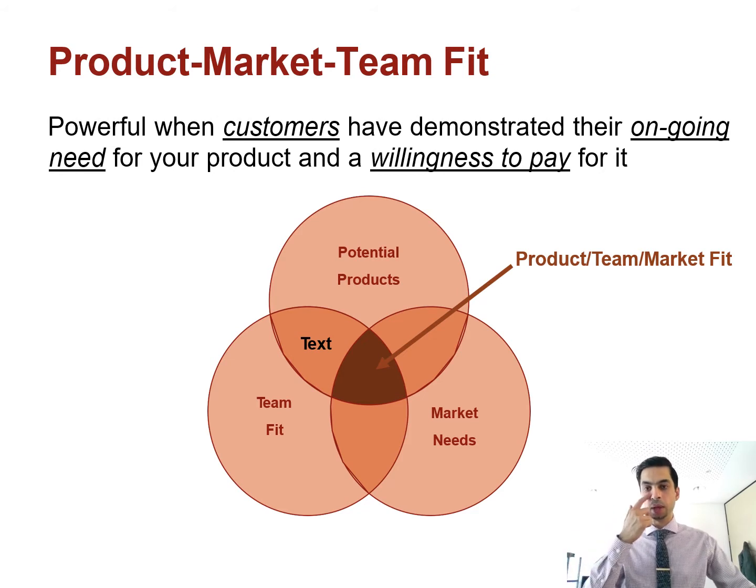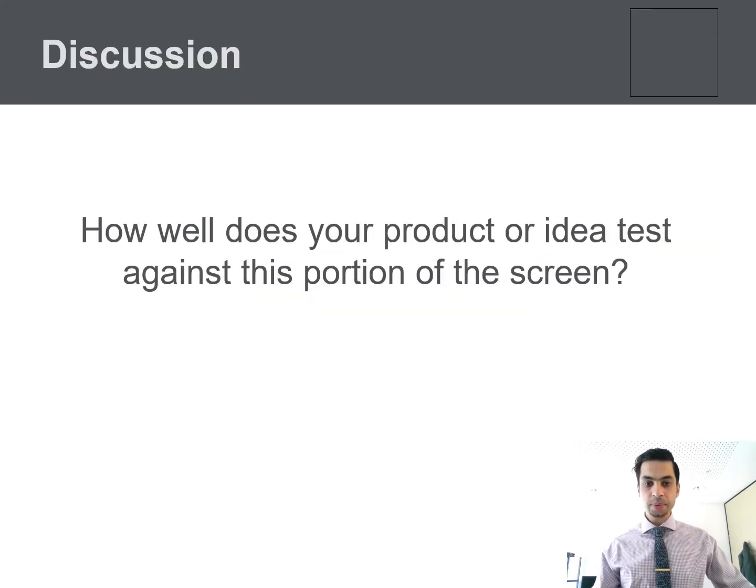That will allow you to become a successful entrepreneur. Again, have a discussion regarding this. Think about where your product, idea or service is, and how it fits with this. Does it meet those requirements? Does it align with those three: product, fit, and team?